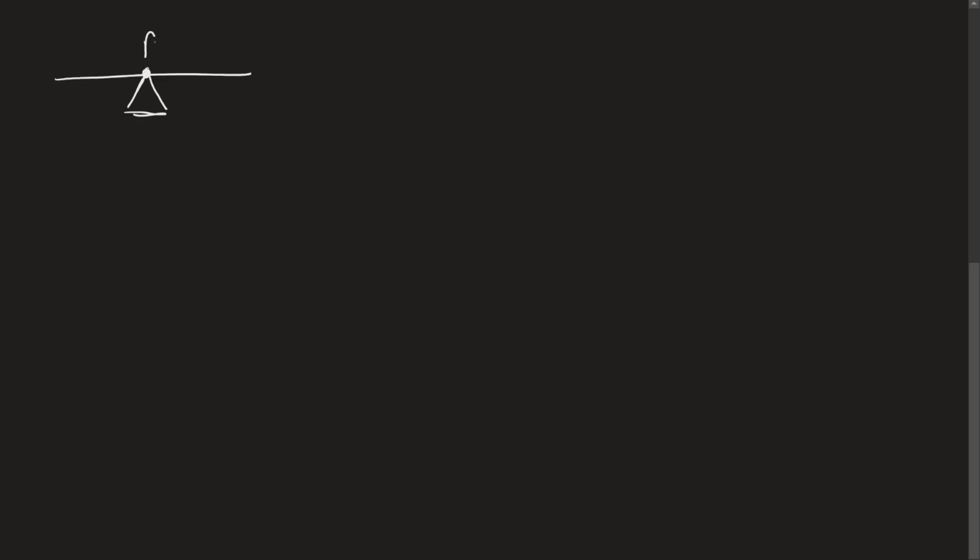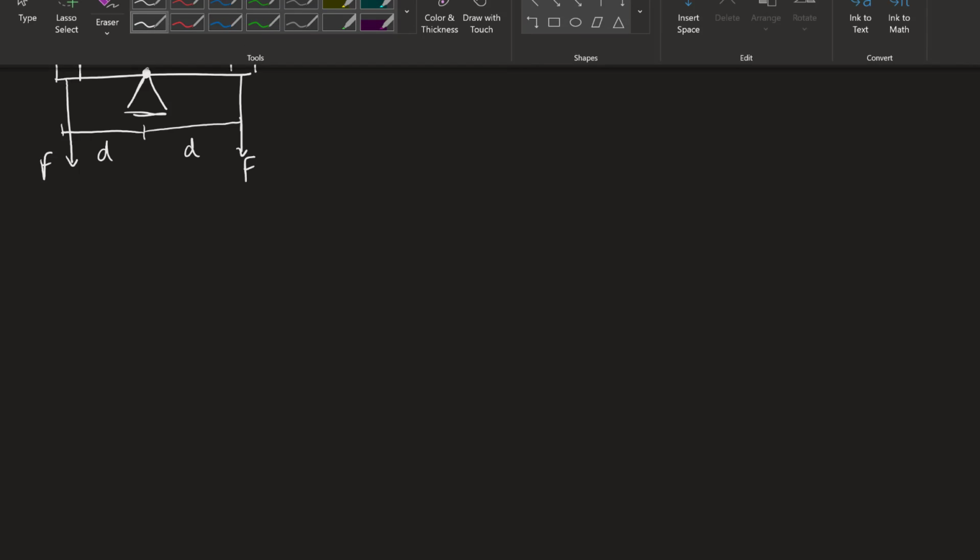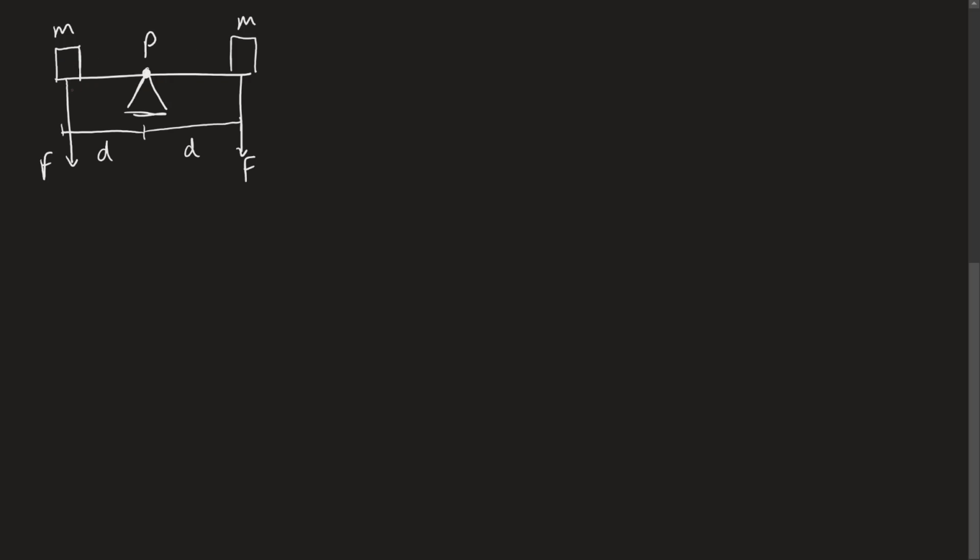This is your pivot point P, and we know that if we put masses on the end of the seesaw, and this distance is equal to this distance, so they're both a distance d apart, and let's say that this mass m is the same as this mass m, that will produce the same force, so they'll both be F. But this mass over here is going to produce a moment that travels anti-clockwise, whereas this mass over here is going to produce a moment that travels clockwise.